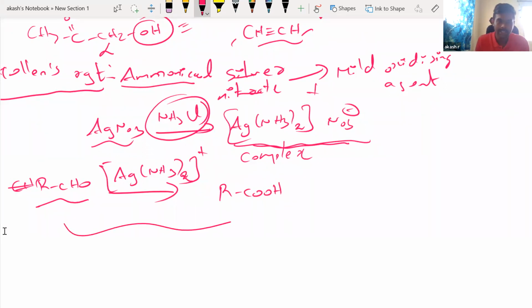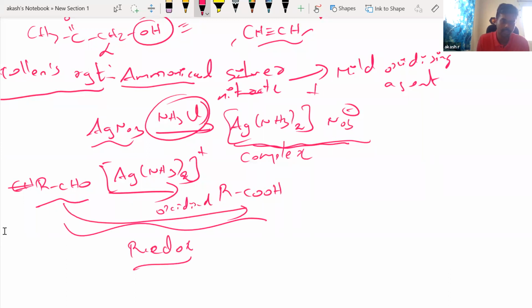This entire reaction is a redox reaction. The aldehyde is getting oxidized, so something has to get reduced, and that something is nothing but Ag. Here Ag is in the +1 oxidation state.